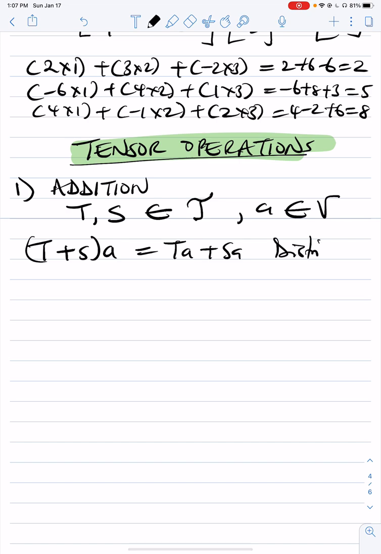That's your distributive property. That holds. Then, if you add two tensors together, you should get W, and W also is a tensor.